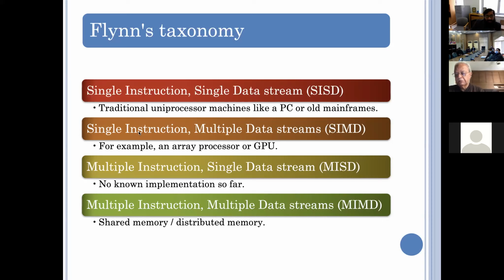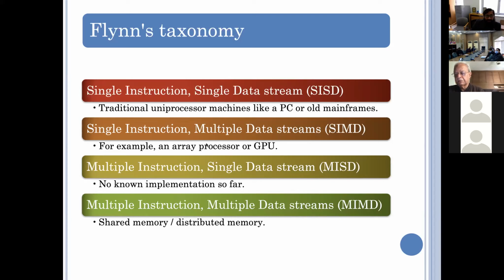The second one is SIMD. SIMD is nowadays very famous due to GPU. All array processors belong to this category, like FPGA and other available accelerators.